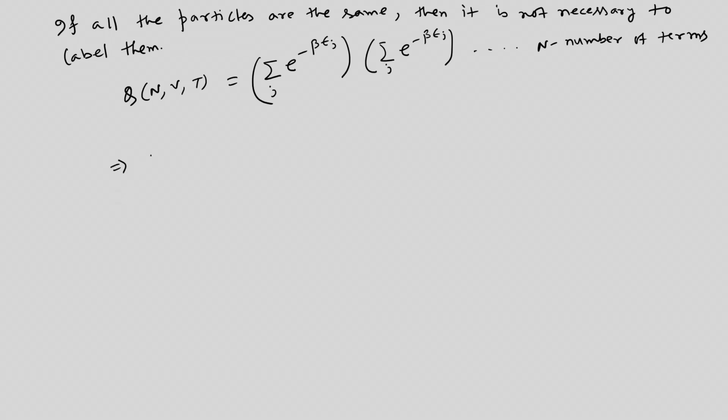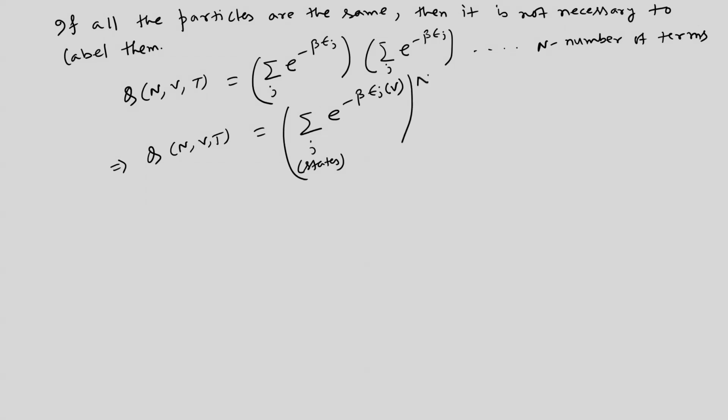Okay. So, we can write Q like the sum over j, where j is the number of states, to the n, or we can write Q is q to the n, okay, where q is nothing but the sum over e to the minus beta epsilon j.